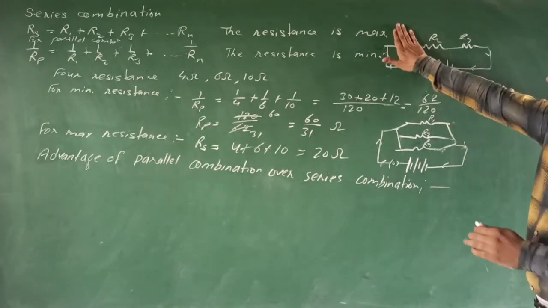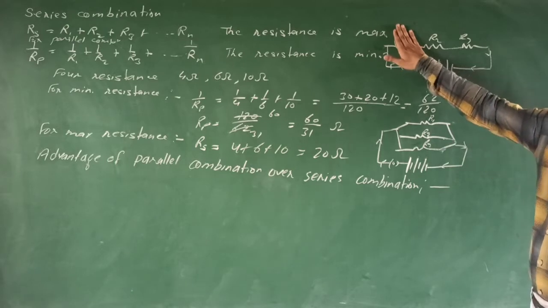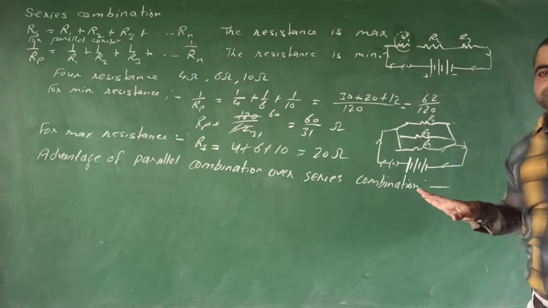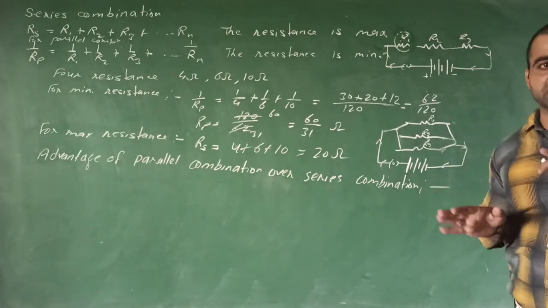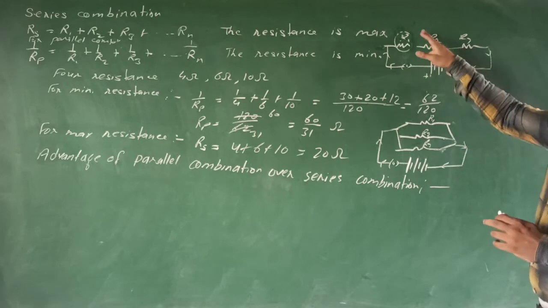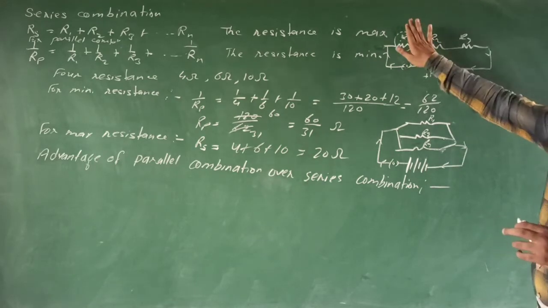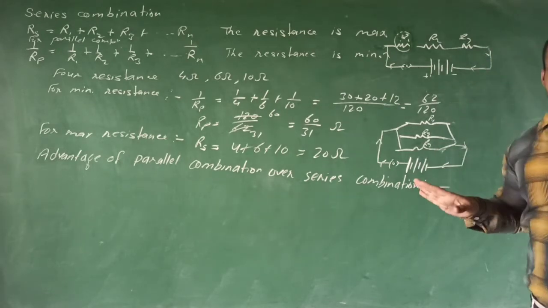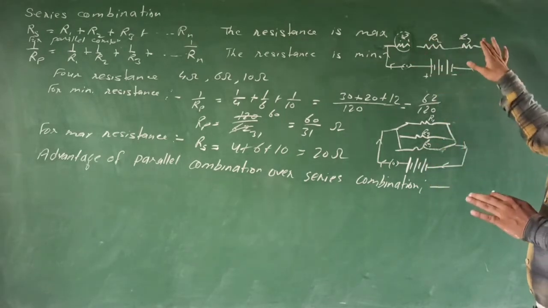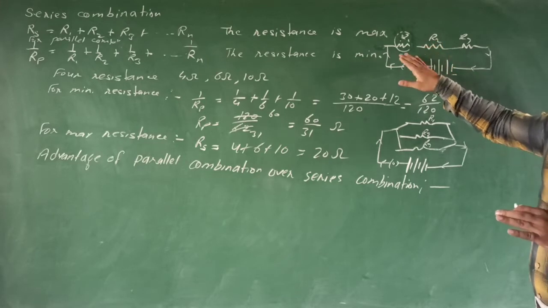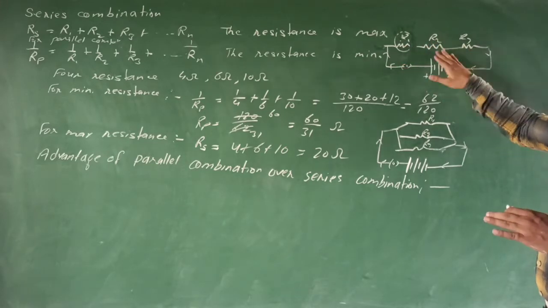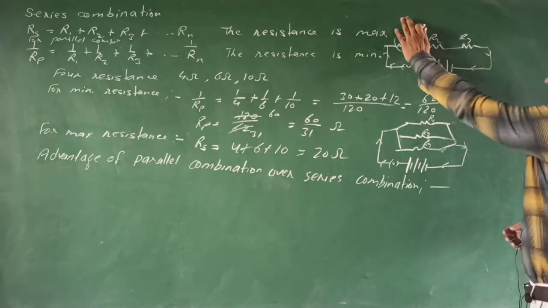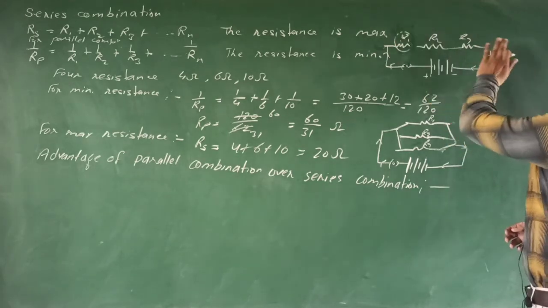If it is damaged, then the circuit will be broken, means it will be an open circuit, and the next components will not work, because the combination is a series combination. The current flows from one to second to third. Is it clear? Means if one is damaged, all will not work.